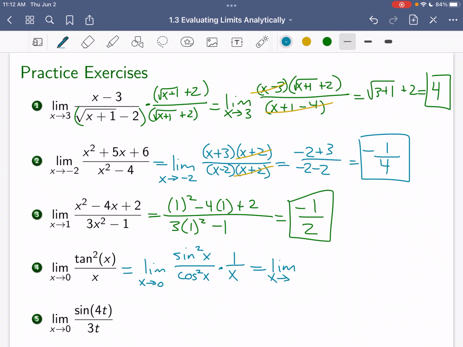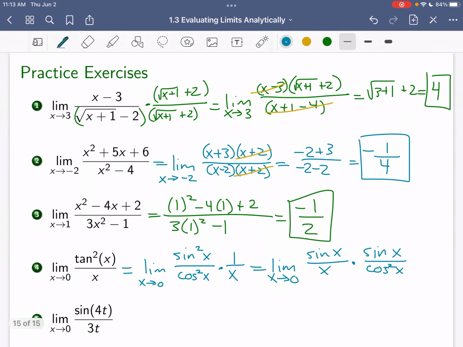Is this helpful? I think so. I would use some of our special trig limits. So one of our special trig limits is sine x over x. So let's split this up in that way. So we will have sine x over x times sine x over cosine x.